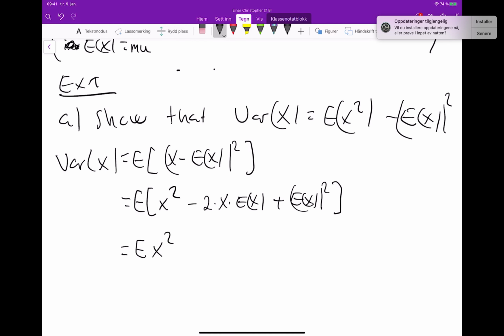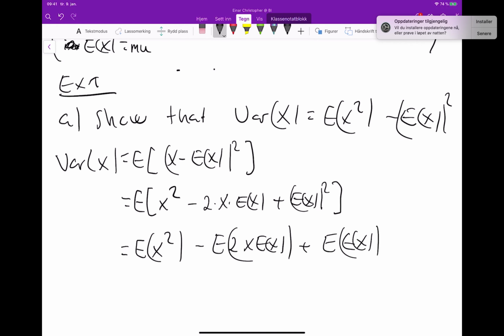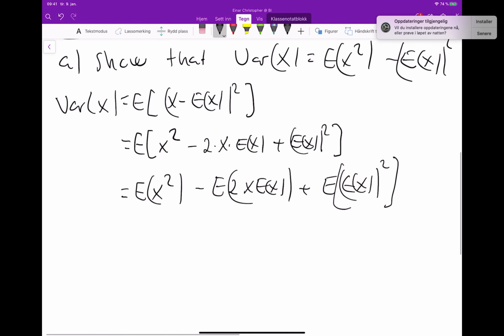So I get the expectation of x to the power of 2 minus the expectation of 2x times the expectation of x, plus the expectation of x to the power of 2. This first one is perfect because we can see that it's what we need from what we are going to show.